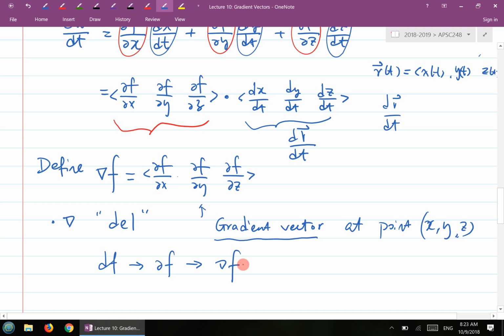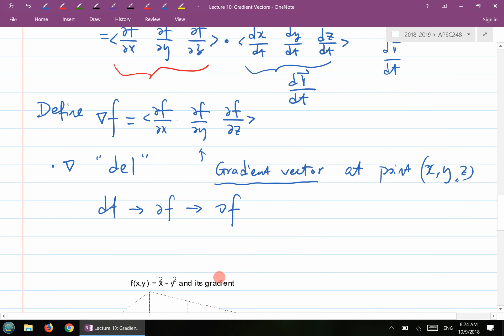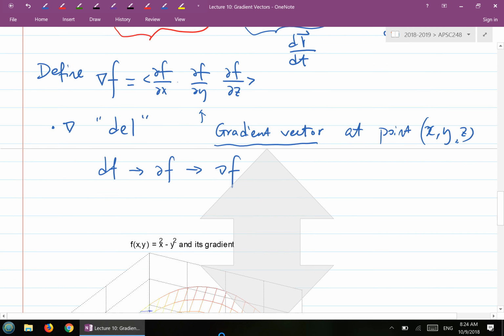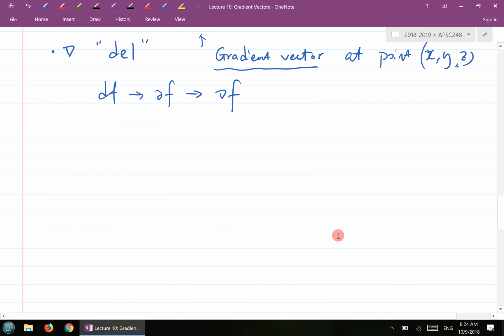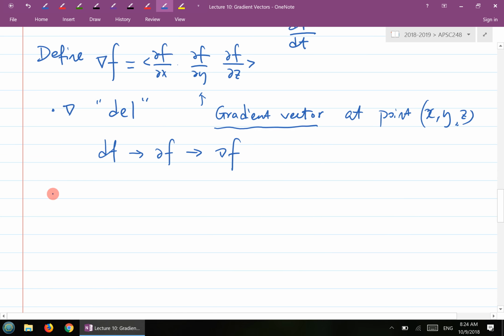So there will be a lot of operations involving all three symbols for the rest of the classes. Okay. So this del here, just like the d, is an operator.